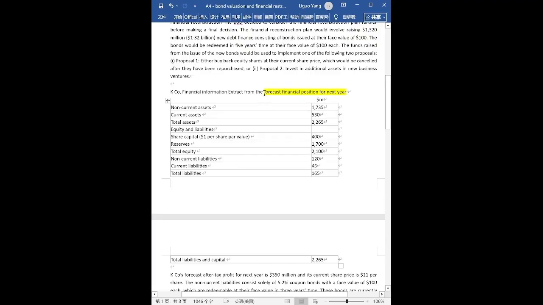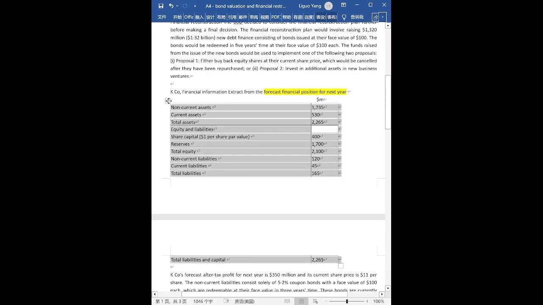Yeah, here we go. This is the original forecast financial position for next year. Yeah, and let's copy it to the spreadsheet.